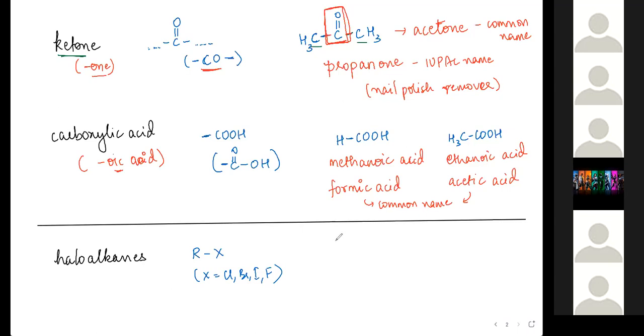These halogens have a valency of 1. Chlorine, bromine, iodine all have 7 electrons in the valence shell, and the most stable way is to form single bonds to get that octet.